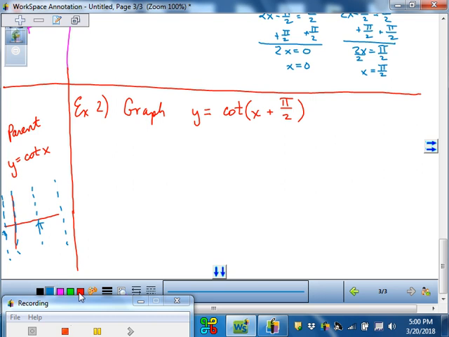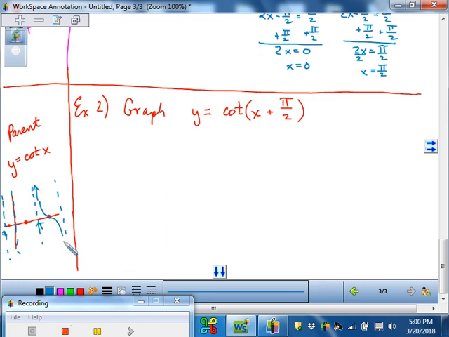Halfway in between each one of our asymptotes, we have the midpoint again. The one thing that's different about cotangent from tangent, besides the phase shift, is that instead of rising to the right and falling to the left, we are going to rise up to the left and fall to the right.